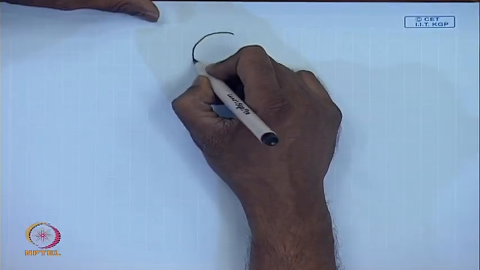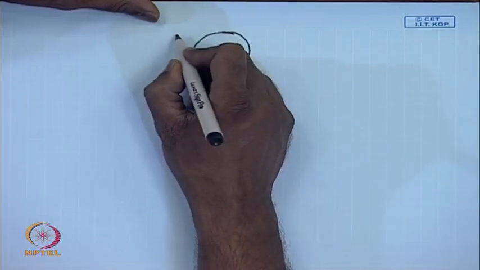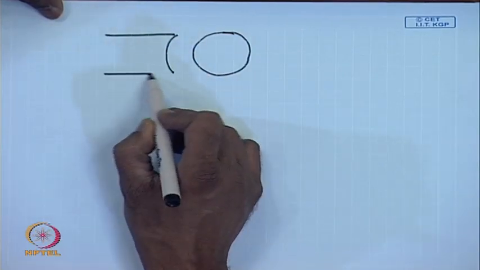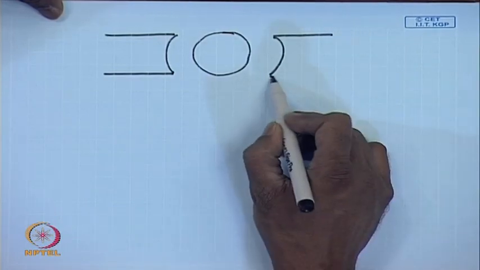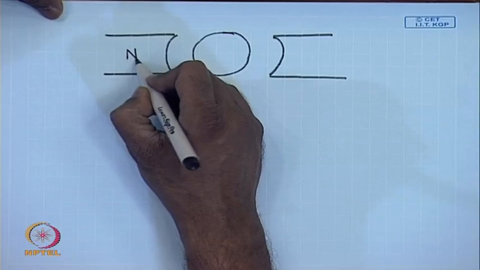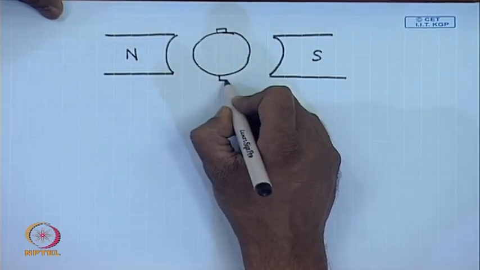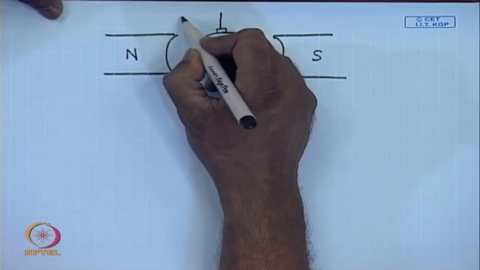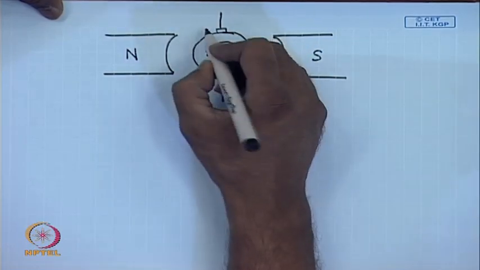So, in a DC machine, let us say DC generator, these are the field poles, north pole and south pole. This is the nominal brush position, the interpolar region, and let us say the machine is rotating in this direction as a generator.